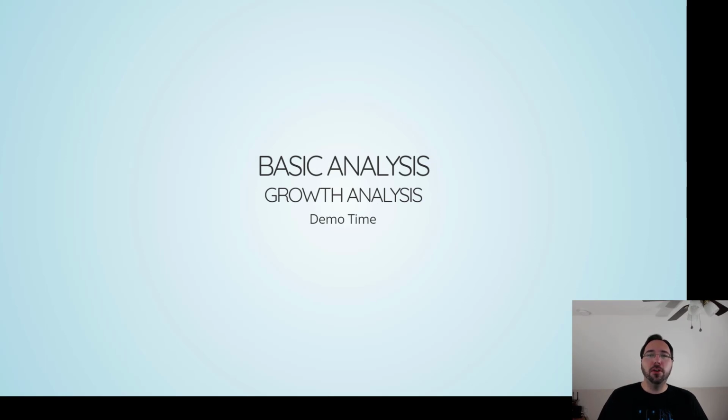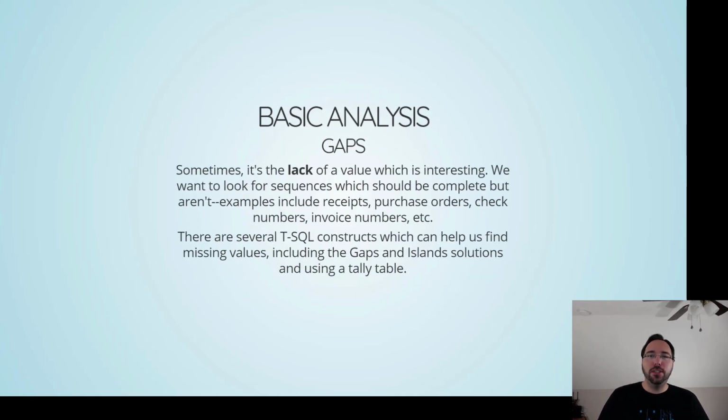Coming back from our demo, let's next look at gaps in the data. Sometimes it's not so much the data points themselves as it is what's missing from the data, which is most interesting. There are certain cases where we expect a sequence to happen, and we expect to see all of the elements of that sequence. One example is check numbers.